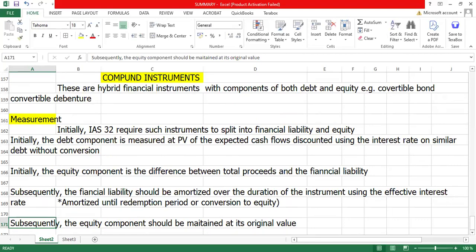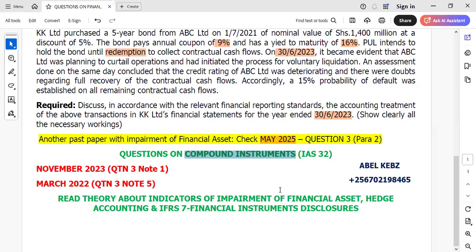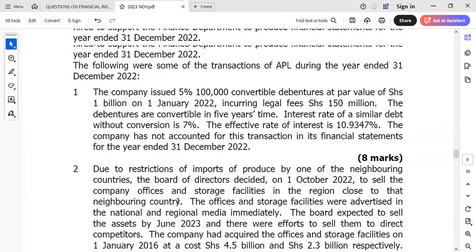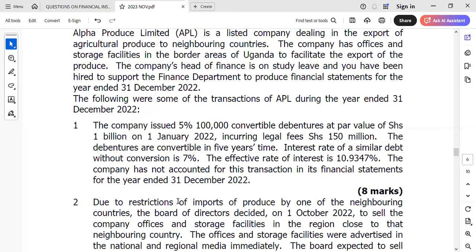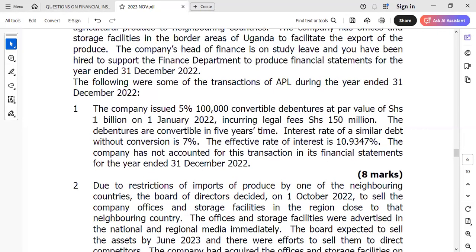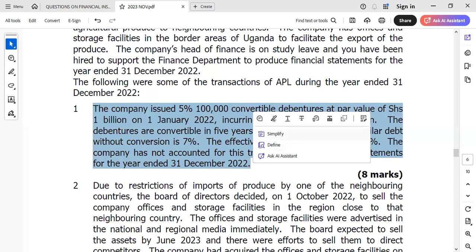We have two questions: November 2023 and also March 2022. So let's do November 2023, question 3, not 1. Those who missed, you can follow. Here we have 80 marks.